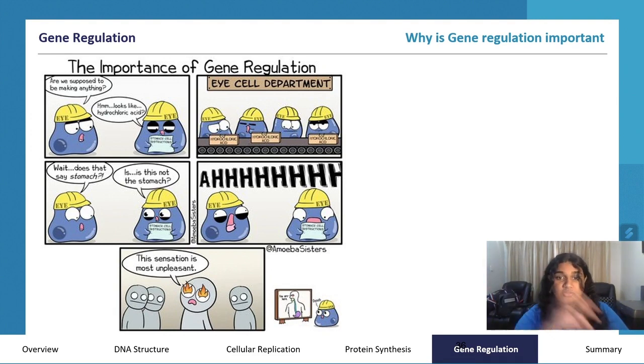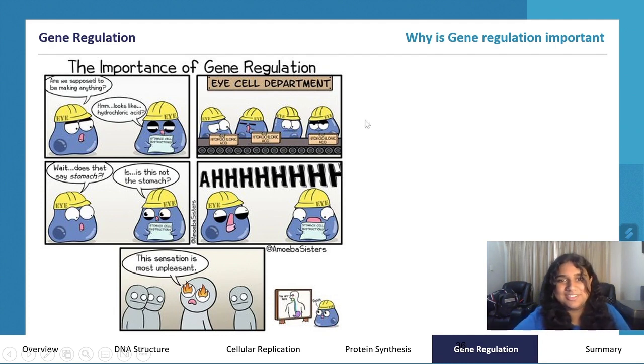If you think about two separate populations of cells, so for example, in this little diagram here, we've got a stomach cell, and it's got a stomach cell ending up with hydrochloric acid. So hydrochloric acid is one of our stomach acids that helps digest food. So this eye cell has just created a protein that helps with the production of hydrochloric acid.